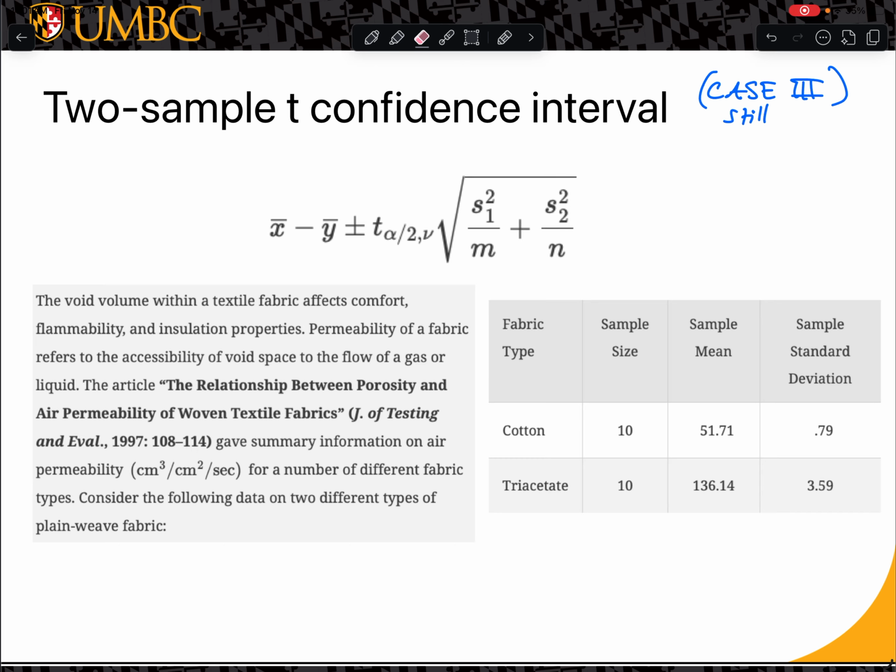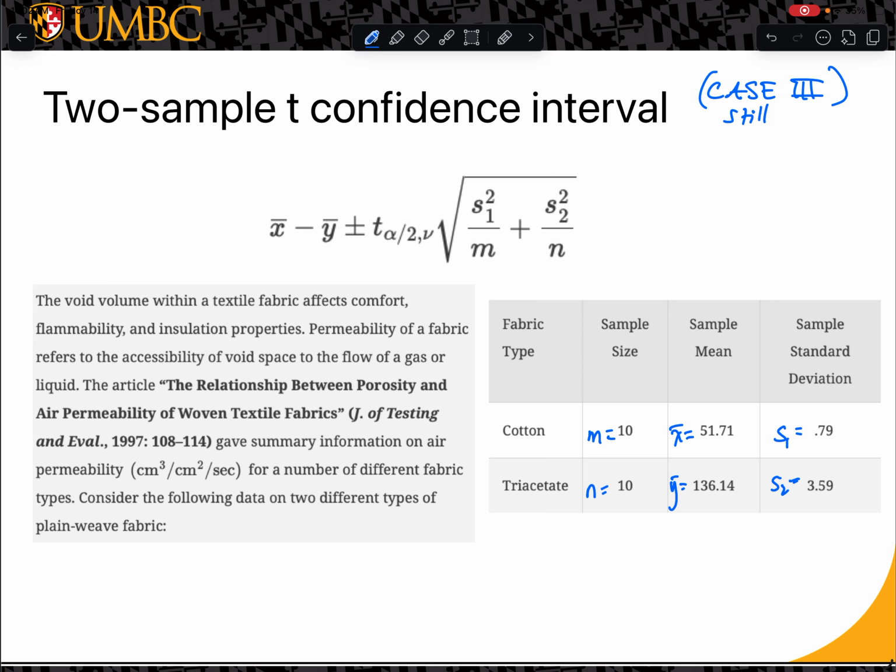In this sample problem we have basically everything we need. We've got M and N, there's X bar, there's Y bar, and the sample standard deviations S1, S2.